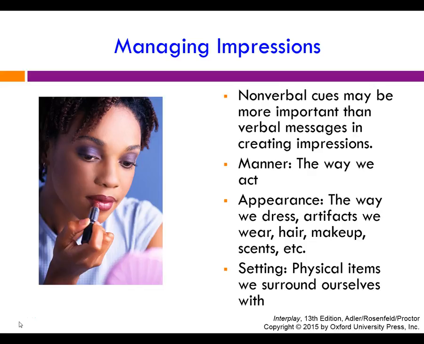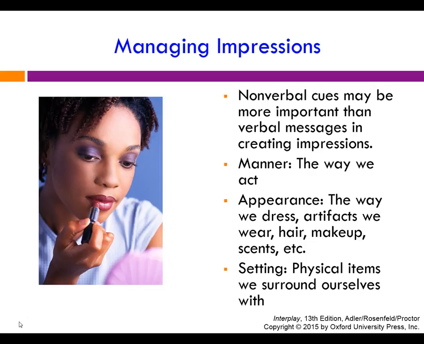Appearance includes how we dress. Clothing says a lot about who we are. We can consider different classifications like casual dress, business casual, formal attire, semi-formal attire. We need to consider if our style of dress is appropriate to the environment we're in. In addition to dress, there's artifacts, the different things that we carry around with us.